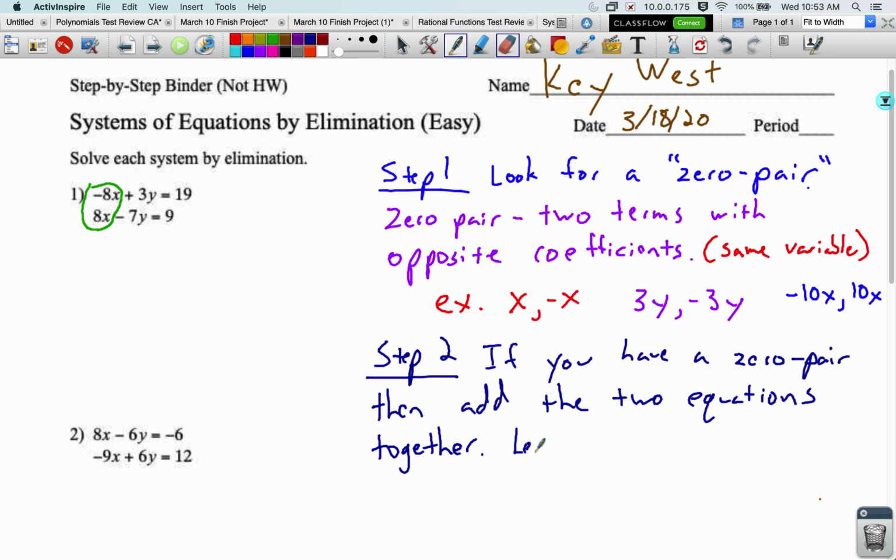And we do this left to left, right to right, and we combine like terms as we go.